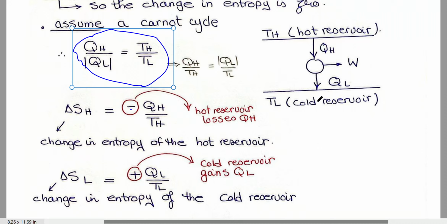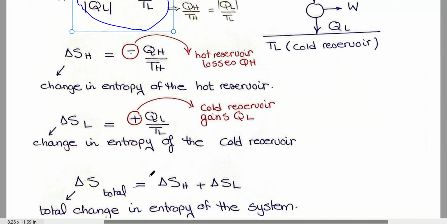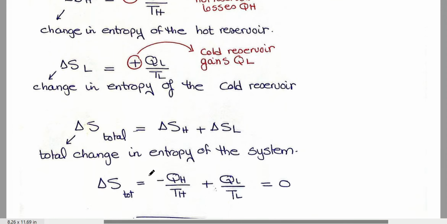As for the cold reservoir, it is gaining QL, so the change in entropy of the cold reservoir is positive QL over TL.